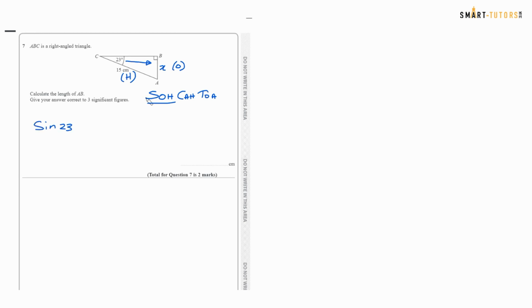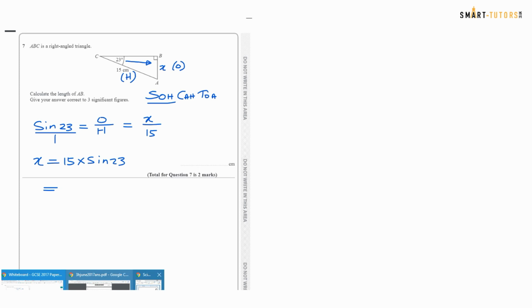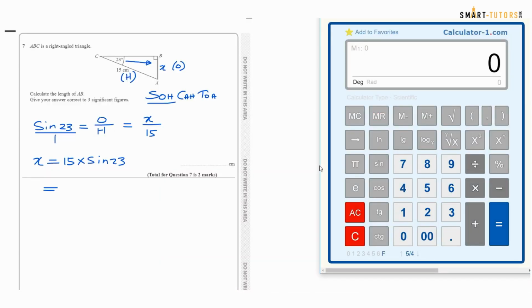So you can write the equation sine 23 degrees equals opposite over hypotenuse. Opposite is X, unknown. Hypotenuse is 15. So always sine 23 over 1. If you do the cross multiplication, X times 1 is X equals 15 times sine 23. So that is the answer.